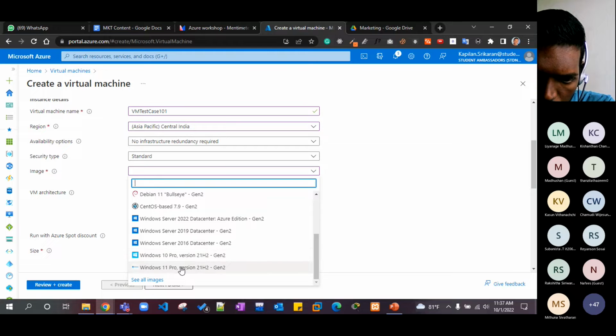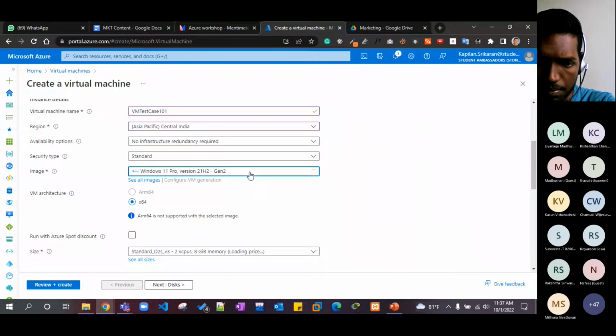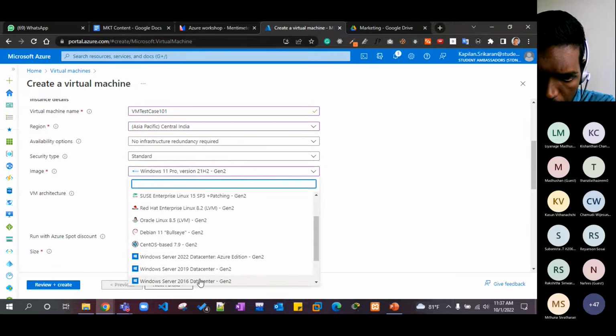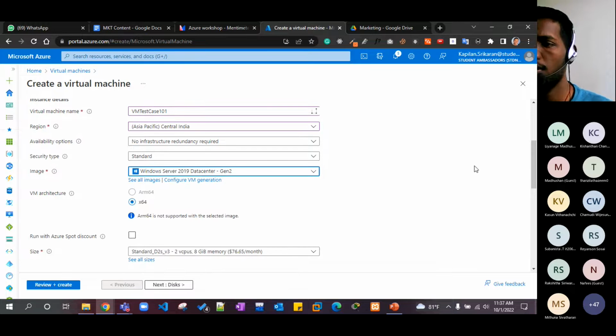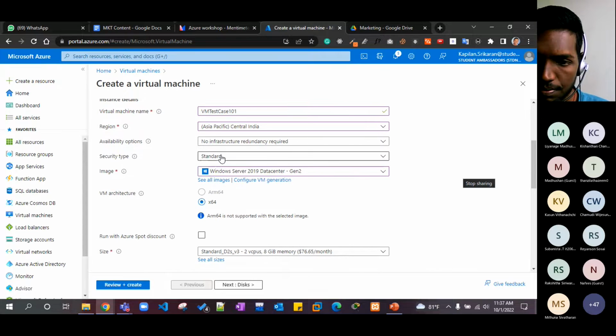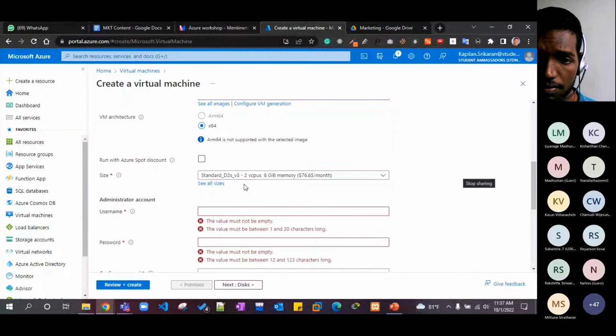I'll choose another one. Okay, cool. And you can select the architecture of your virtual machine.